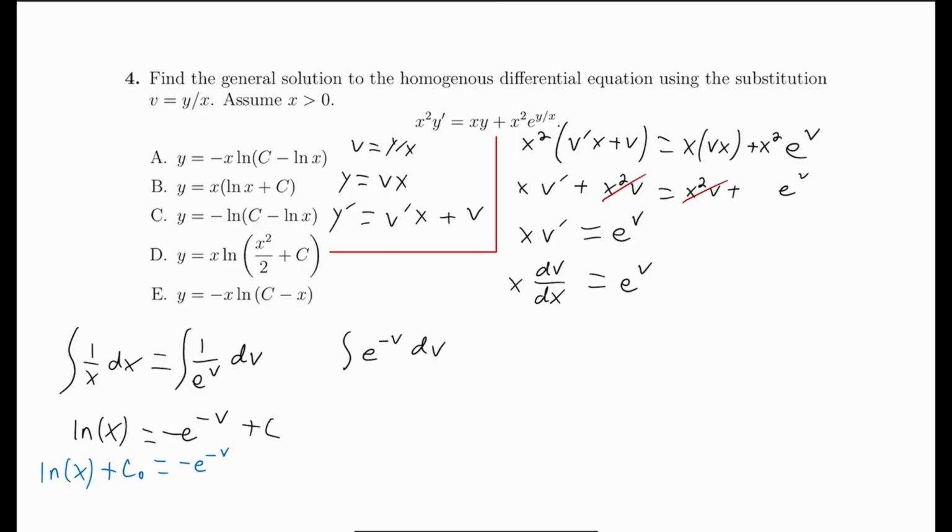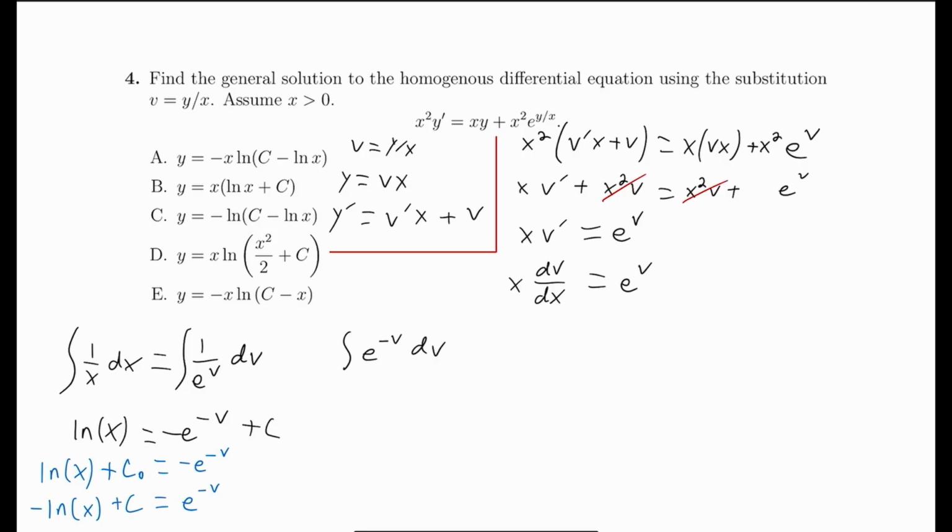Can get rid of that negative ln x minus c0, but again, I can just leave this as a positive for the same reason that constant is arbitrary. It can be whatever we want it to be, and we haven't defined it yet. And then e to the negative v.